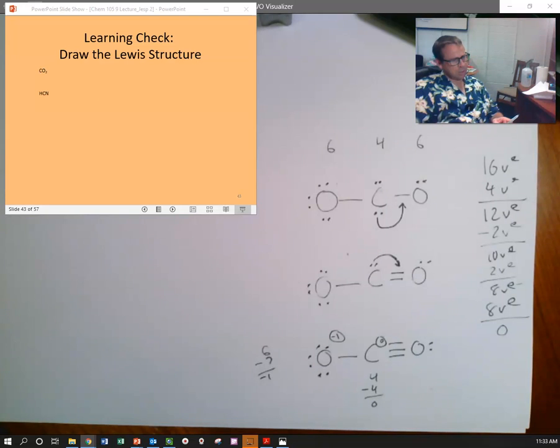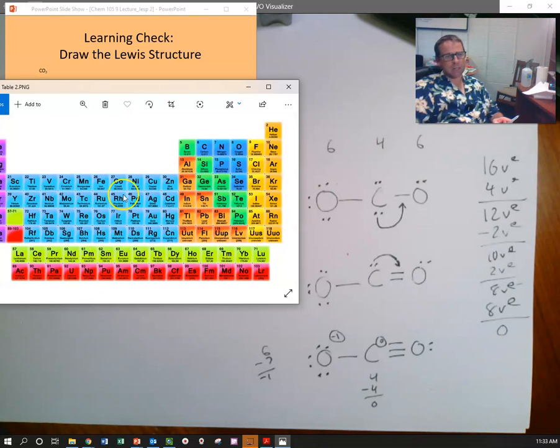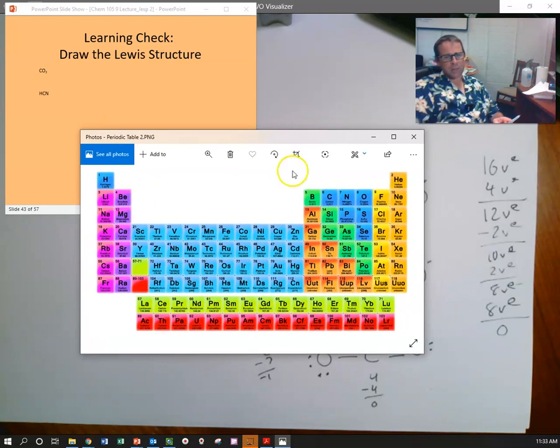Okay, so let's look at our periodic table. We can tell how many electrons were brought to the party by the different elements based on the column that element is in. So because it's right here, how many electrons did it bring to the party? What do you think, Zaf?